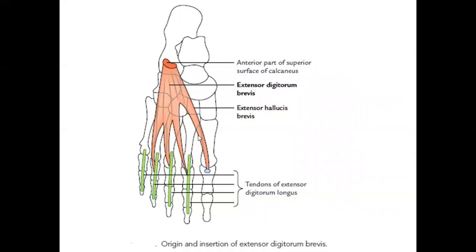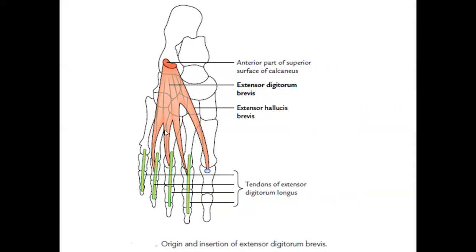It divides into four tendons for the medial four toes. The tendon of the big toe crosses in front of the dorsalis pedis artery. ये insert होता है the dorsal surface of the proximal phalanx of the great toe. ठीक है. So basically ये arise करता है calcaneum के superior surface से.